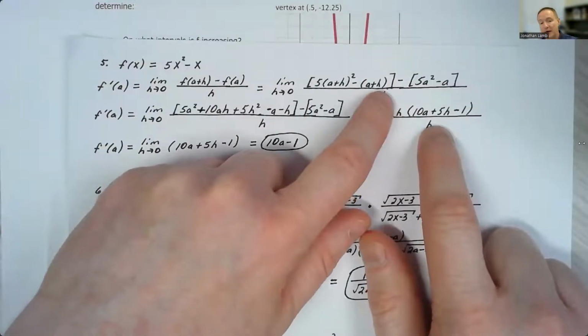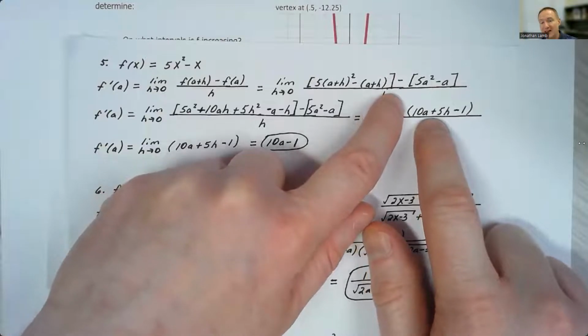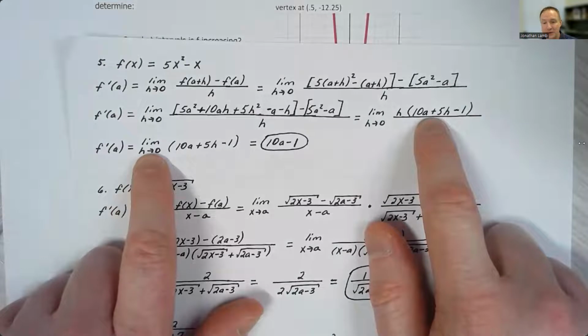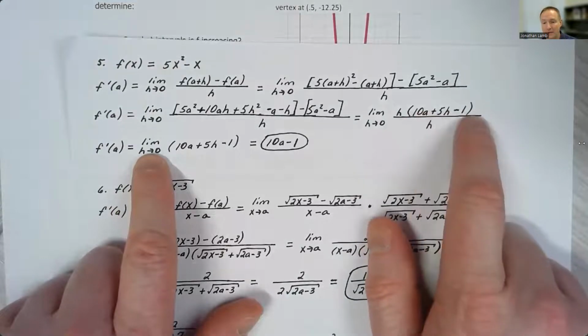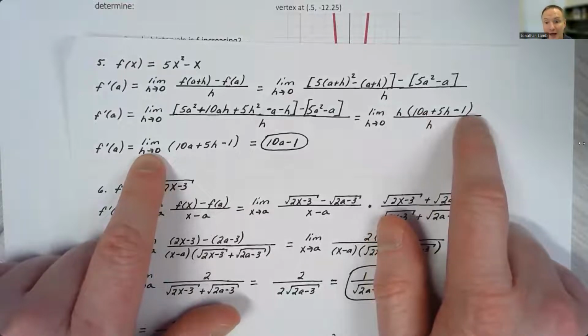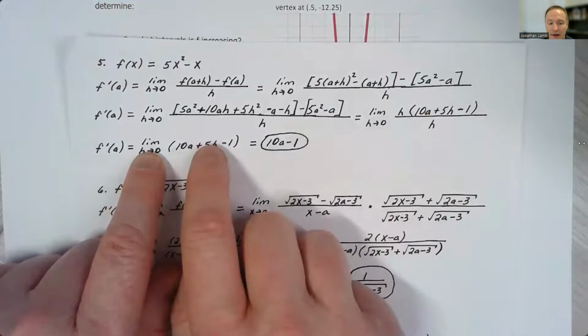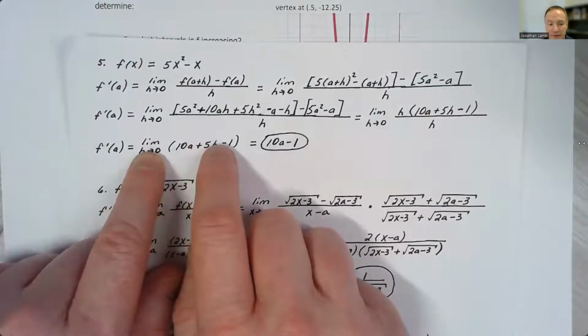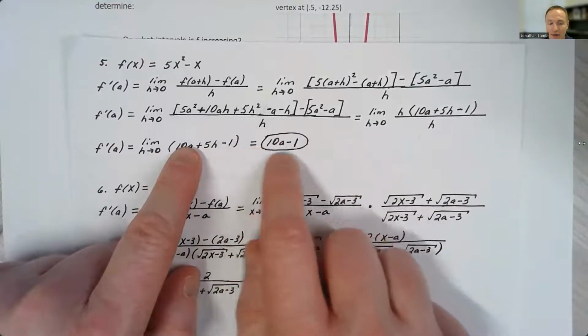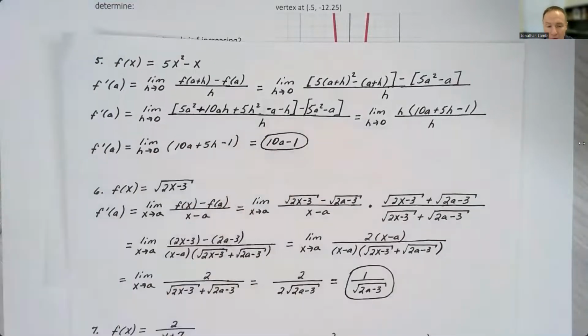You can say, well, I have a factor of h in the numerator and denominator that can and should be canceled, leaving me the limit as h approaches 0 of what I have left over, 10a plus 5h minus 1. At that point, I can finally allow h to become 0. And when I allow h to become 0, 5 times 0 just cancels out, and you're left with 10a minus 1. That's our derivative with respect to a.